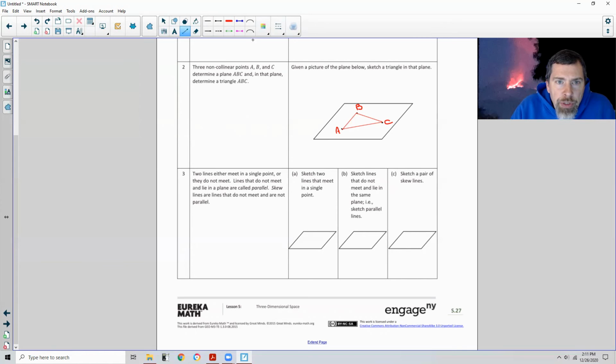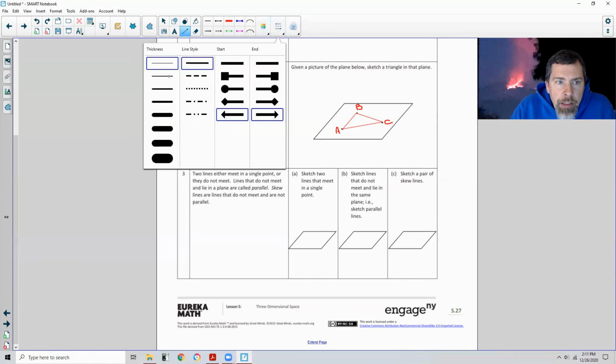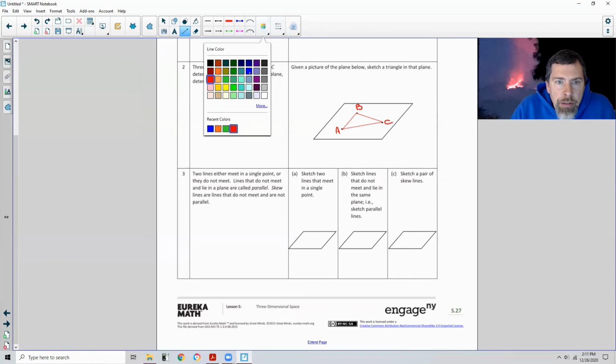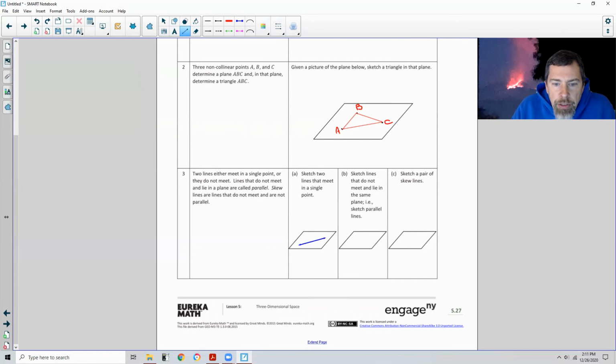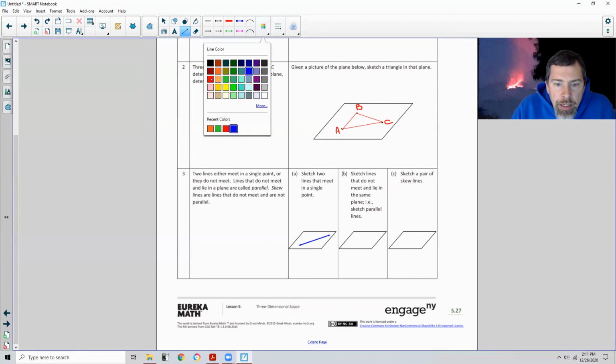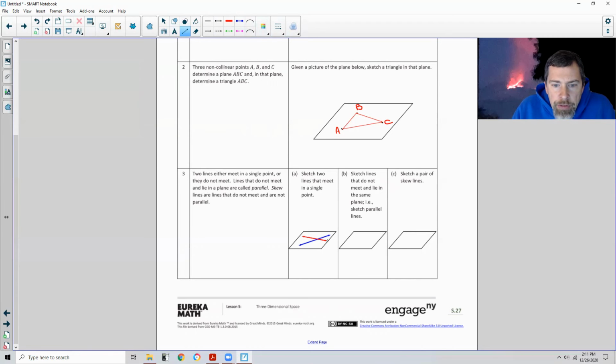So if I choose this line and make it a little thicker and blue, so here is a blue line that goes on forever in both directions, and I'll draw a red one, and they meet at one point right here. So the red line and the blue line meet right there.